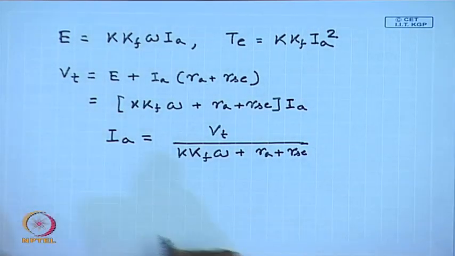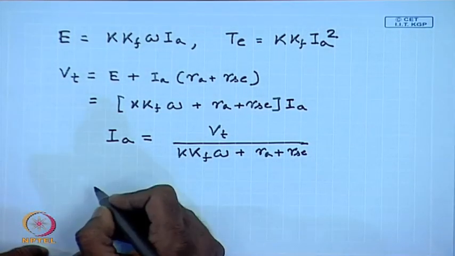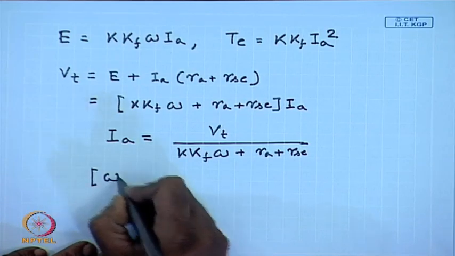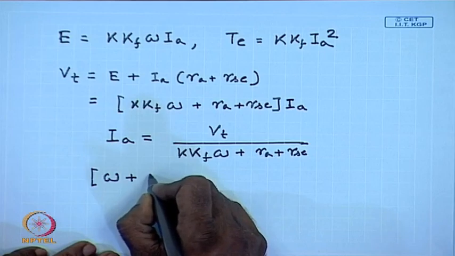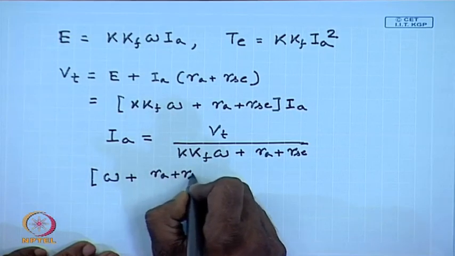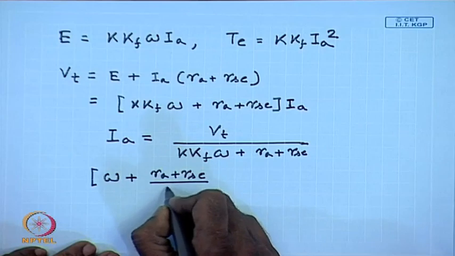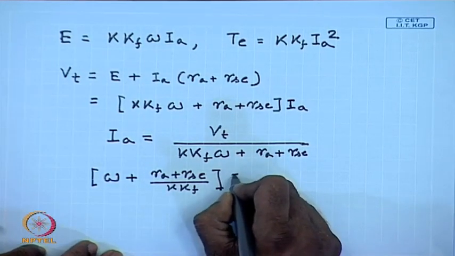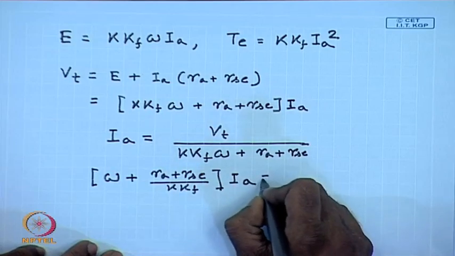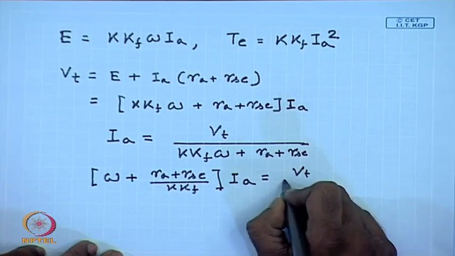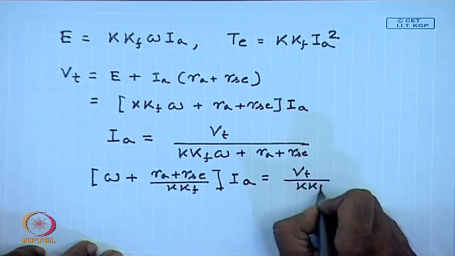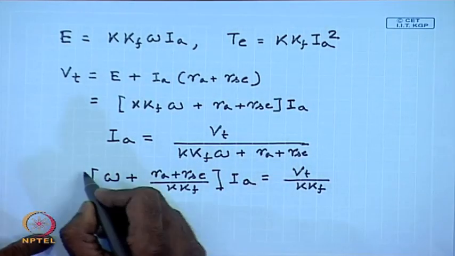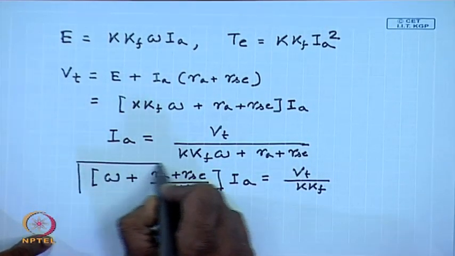Or omega plus R_a plus R_ac by K k_f, into I_a, equals V_t by K k_f. So, this is the speed versus current characteristics.